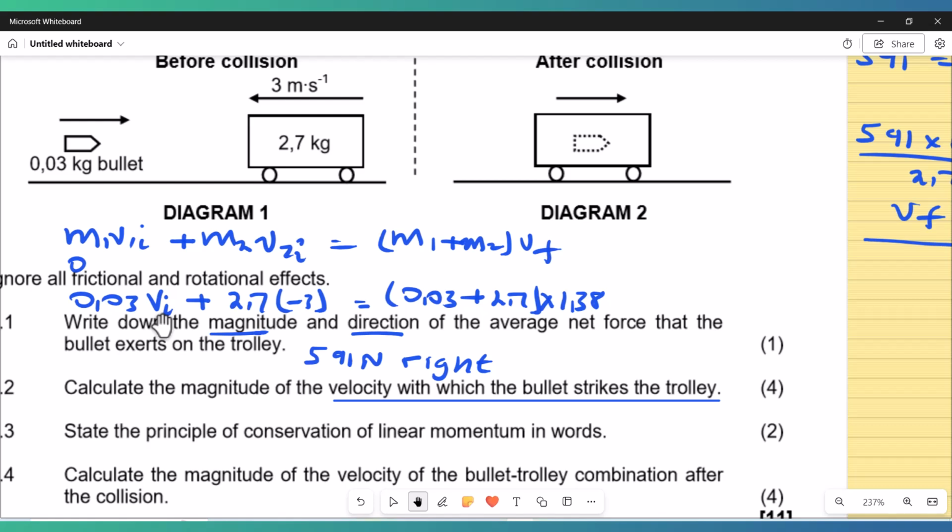After getting 0,1178, we're gonna say plus 2,7 times 3, which gives us 8,21 here. Then we say divided by 0,03. So here it gives me 273,73.